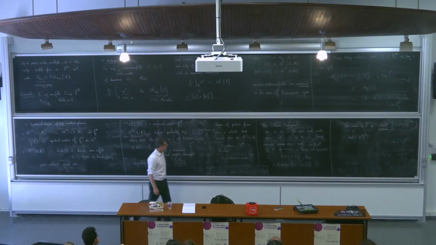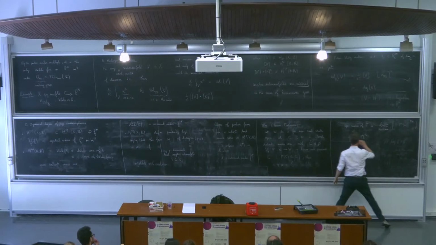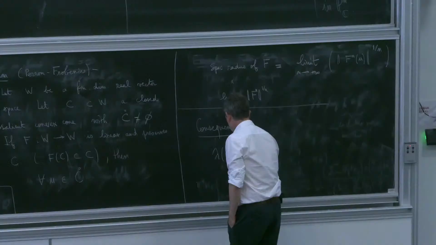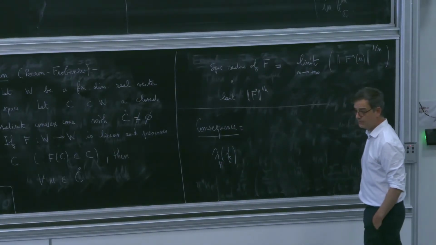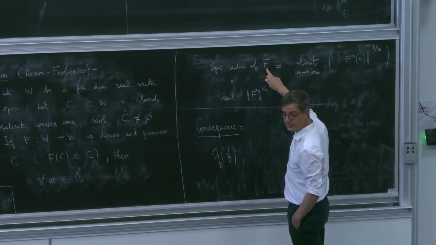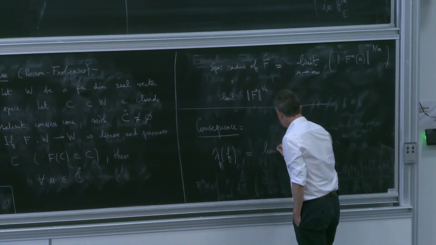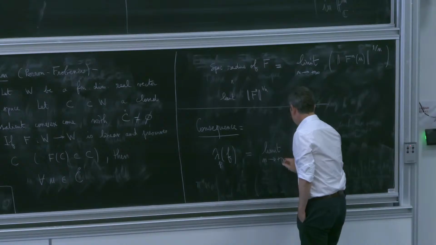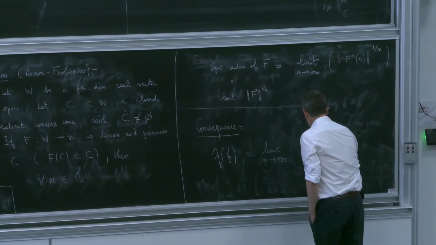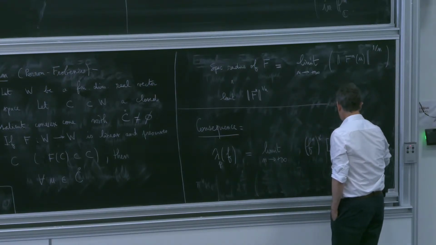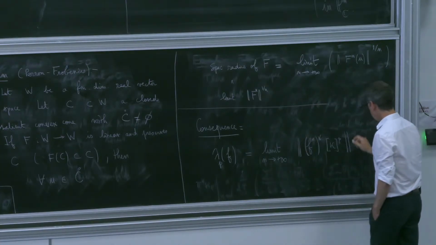And then what I get is that lambda of F acting on H^{p,p}, which is the spectral radius of F star on H^{p,p}, is equal to the limit as n goes to infinity of the norm in H^{p,p} of (F^n)star applied to kappa to the p, and you take the nth root.